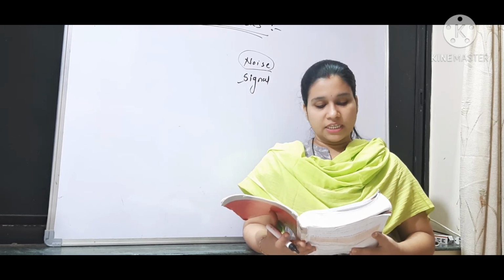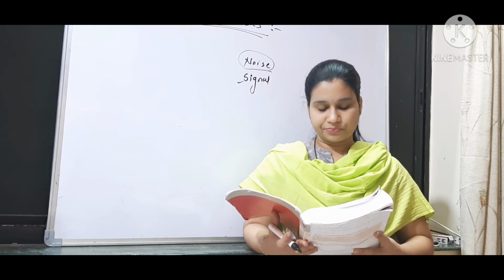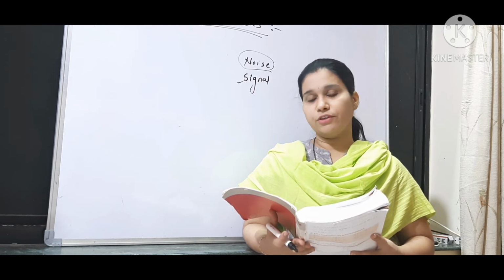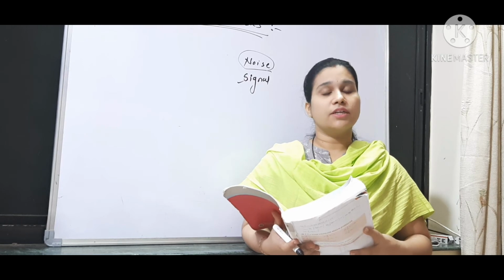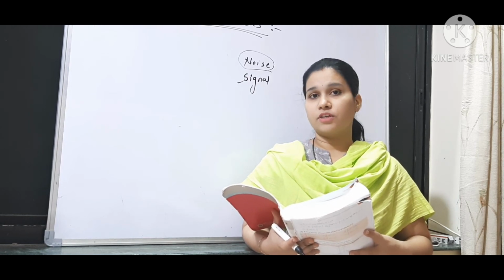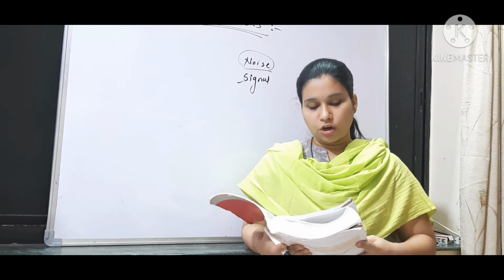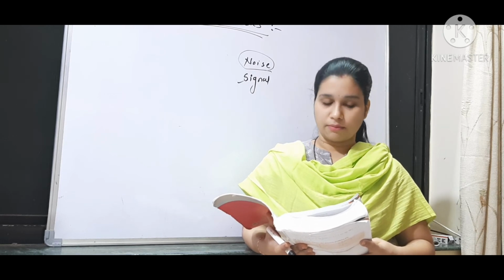When the trend is of exponential type, meaning not linear, the moving averages are to be computed by using weighted mean. So exponential means when the curve is not linear but curvy, at that time we have to use weighted mean. Okay, the long term trend of a time series graph is always upward.